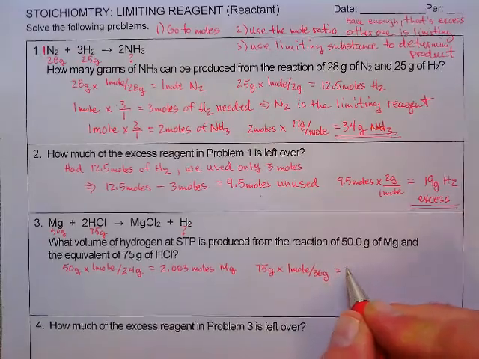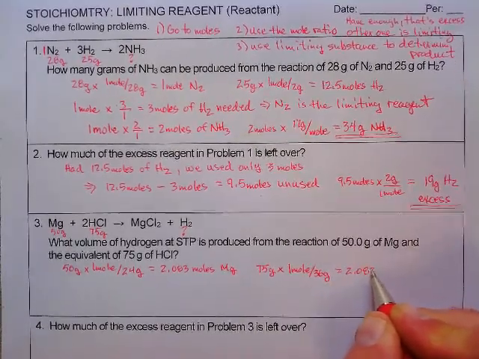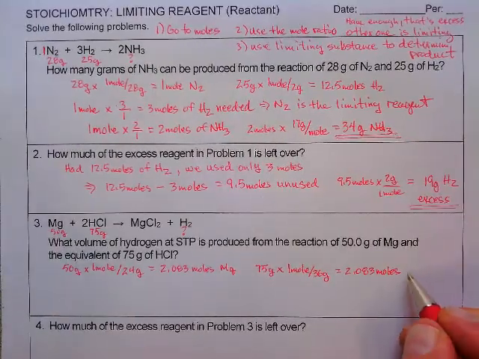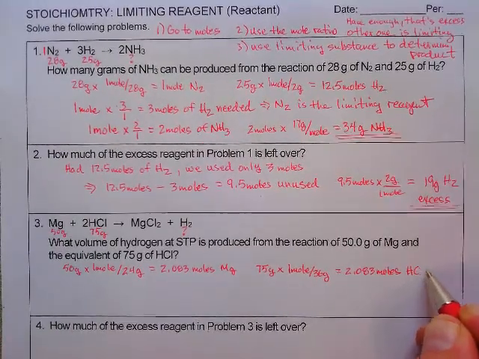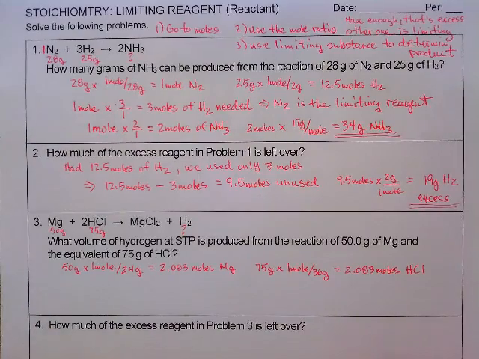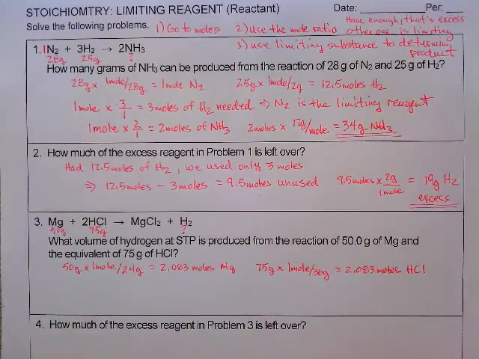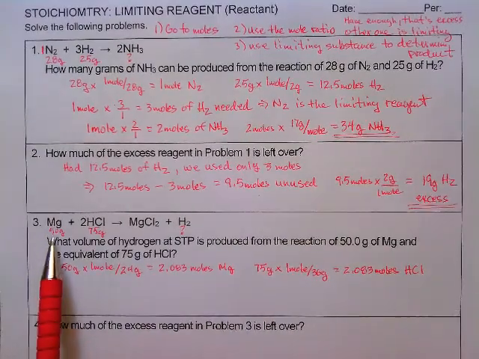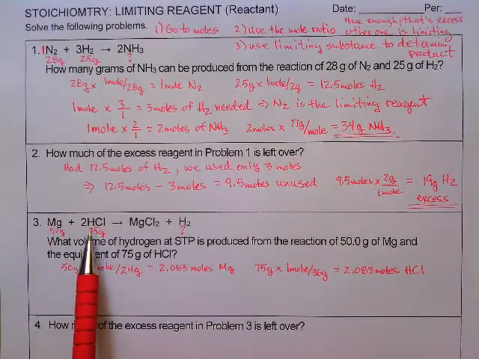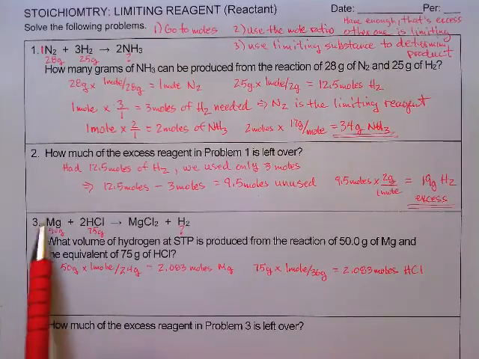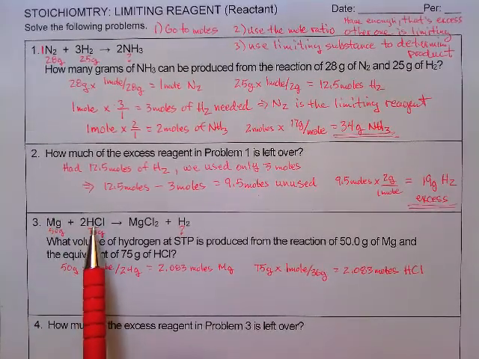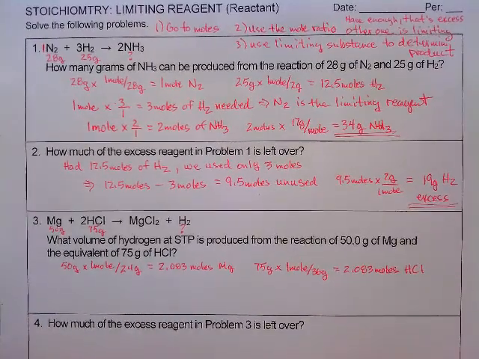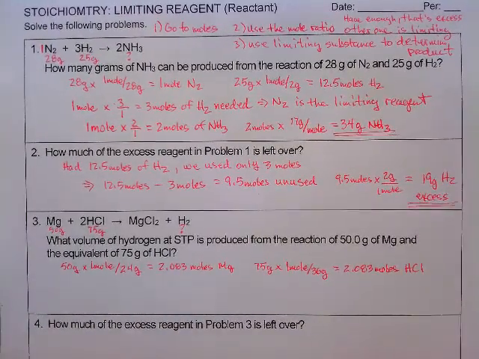And that comes out to 2.083 moles of HCl. Now, note that in this case I have the same mole amount for both of them. However, I have a mole ratio of 1 to 2. So that says really for every 1 mole of magnesium, I should have 2 moles of hydrochloric acid in this case.